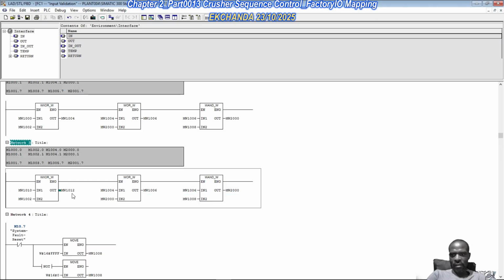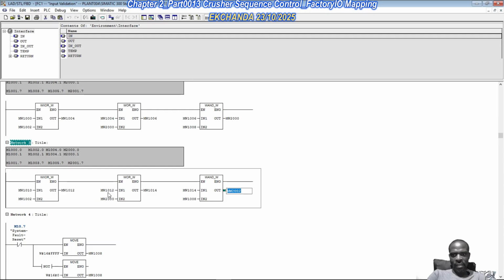So this is going to be passed to this, and then the output is memory word 1014, the result of which is passed to the next block, and then the output, as memory word 2002.